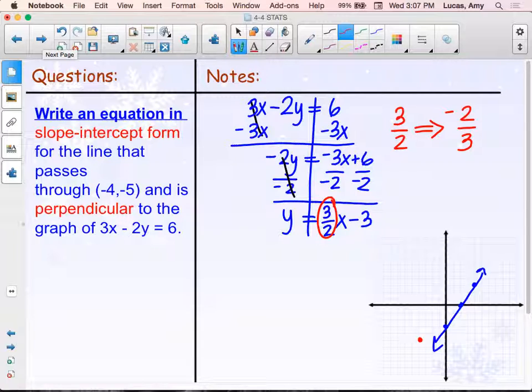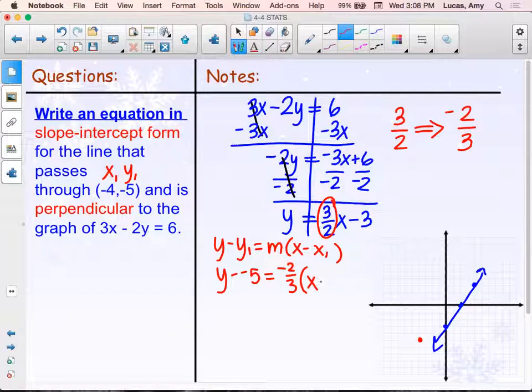So my new slope is negative 2/3. And my ordered pair, I can plug in for x1 and y1. So y minus negative 5 equals my new slope, negative 2/3, times x minus negative 4. These are both chunky pluses.